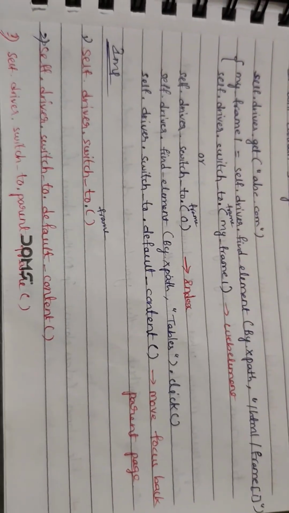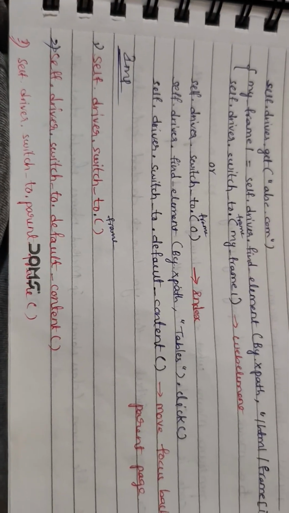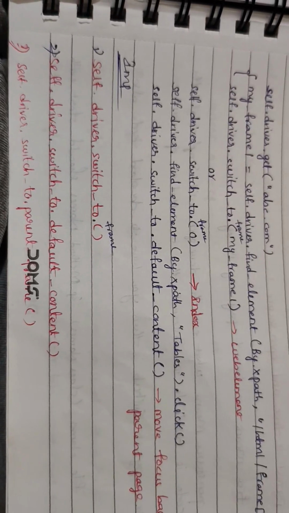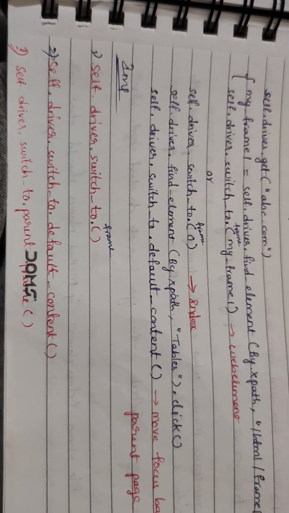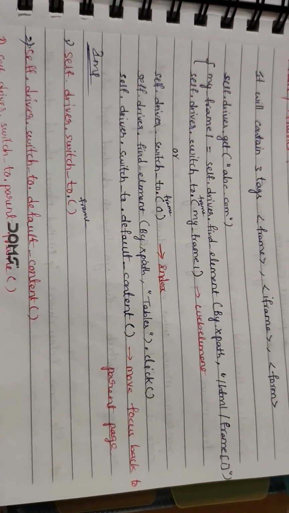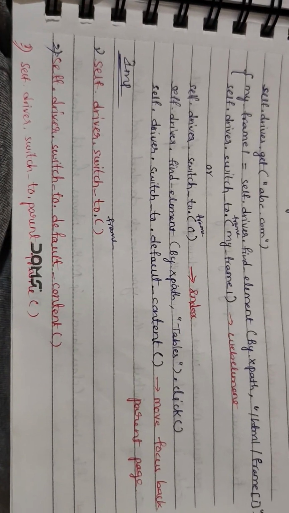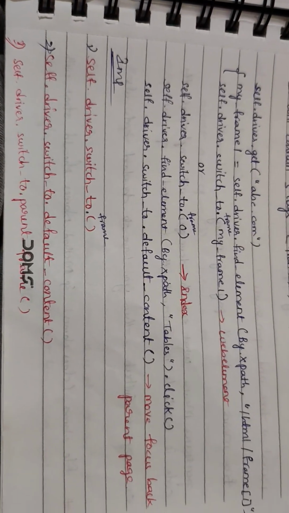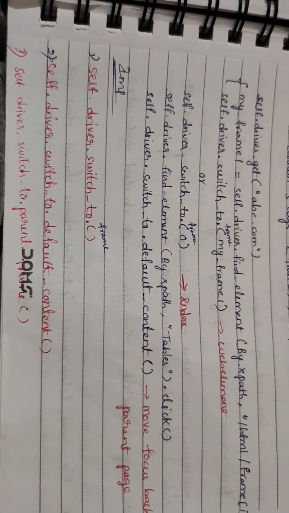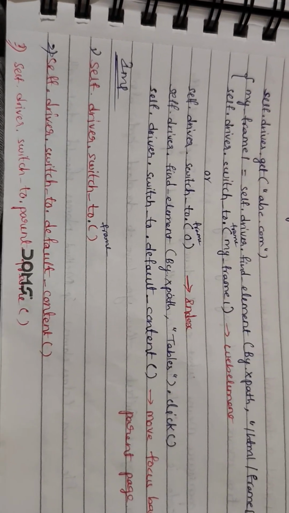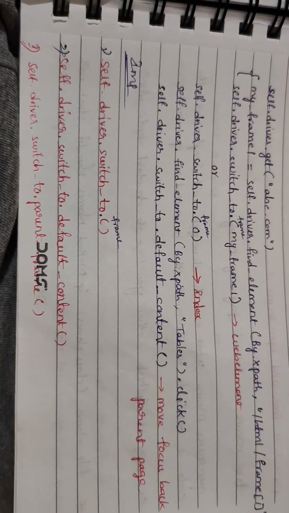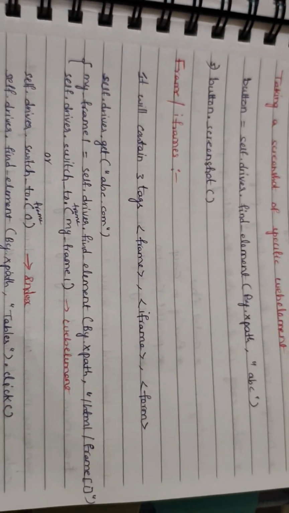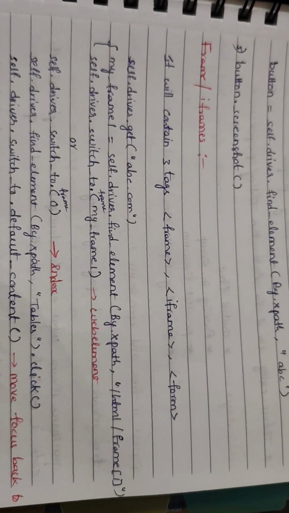Next, this is important: self.driver.switch_to.frame is the main one, and self.driver.switch_to.default_content() moves the focus back to the parent page. Then self.driver.switch_to.parent_frame() and default_content are the same. So switch_to.frame, switch_to.default_content, switch_to.parent_frame. This is how we handle frames or iframes.